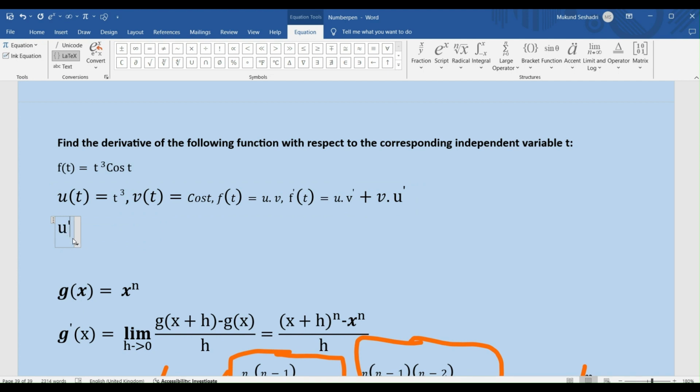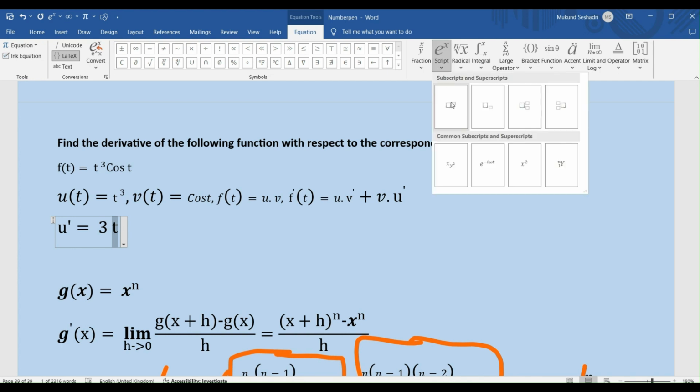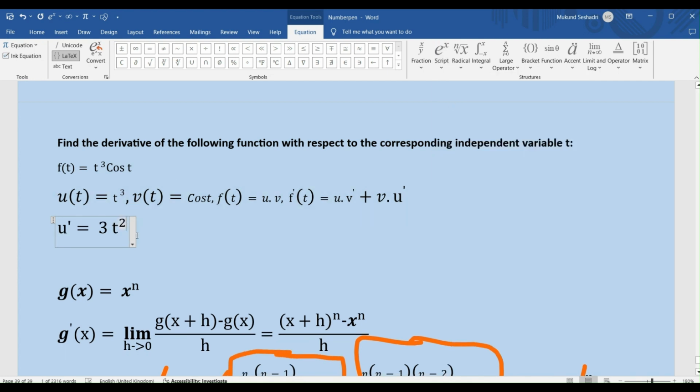So my u dashed is nothing but n times t to the power n minus 1, which means it becomes 3t square. So that's my answer for u dashed. And what is my v dashed? My v dashed is minus sine t, and I'm not going to explain this.